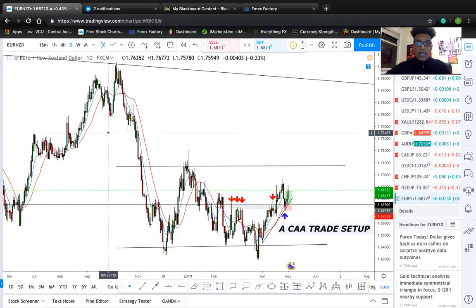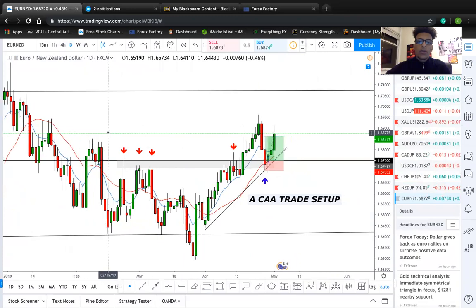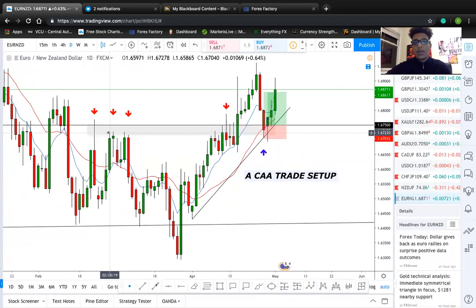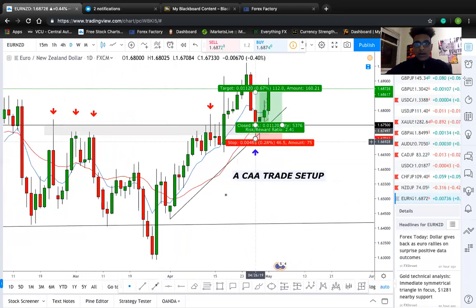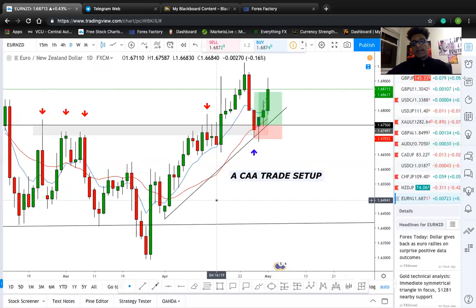Euro NZD and AUD NZD played out perfectly with the news that was released a couple hours ago. Essentially, what we called out was this potential buy idea. If, again, we had said, if we see some reversal, we can most likely get into this buy. And you can see on the daily time frame, we actually did end up getting that candlestick rejection.